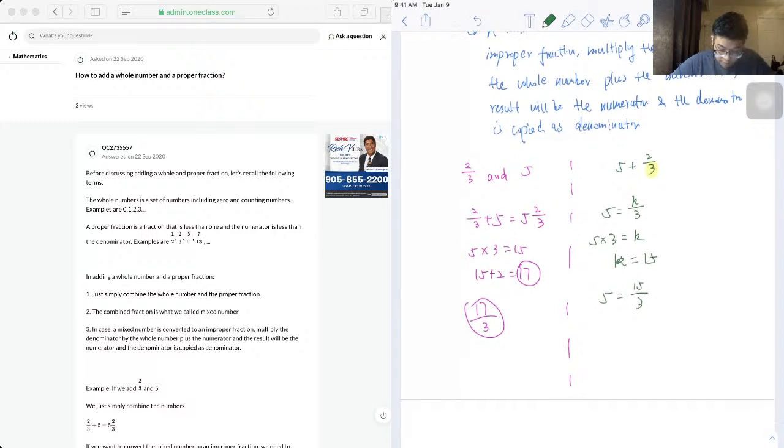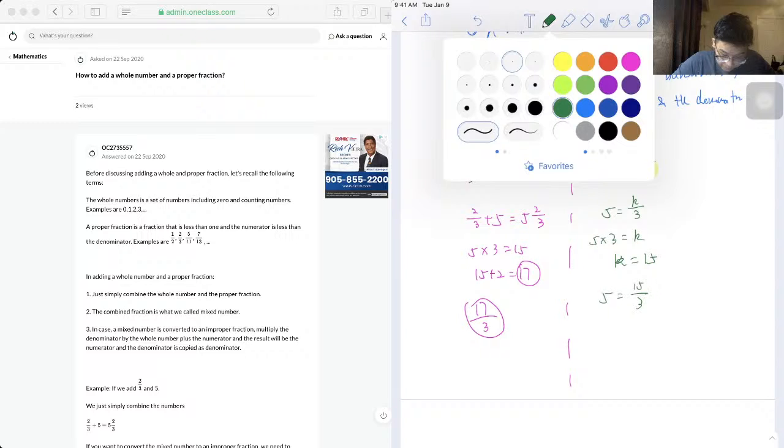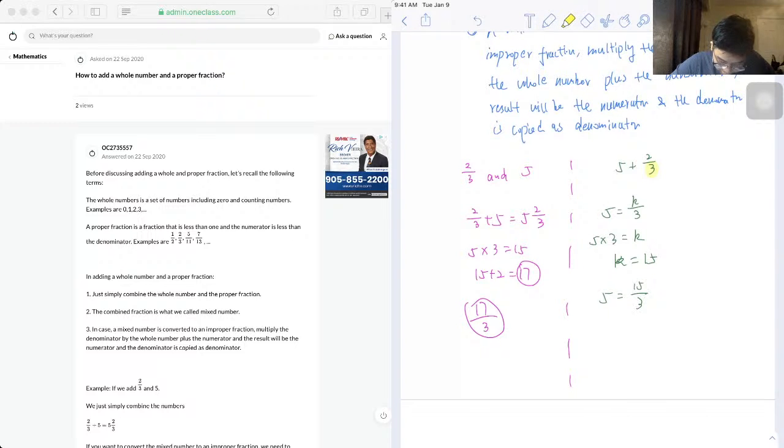So as you can see, we have 5 here, and also 5 is equal to 15 over 3. So our question actually converted to 15 over 3 plus 2 over 3. Since we have the same denominator, we maintain it as 3, and we do the adding on the numerator, which will be 15 plus 2, and give us 17 over 3 as our final answer.